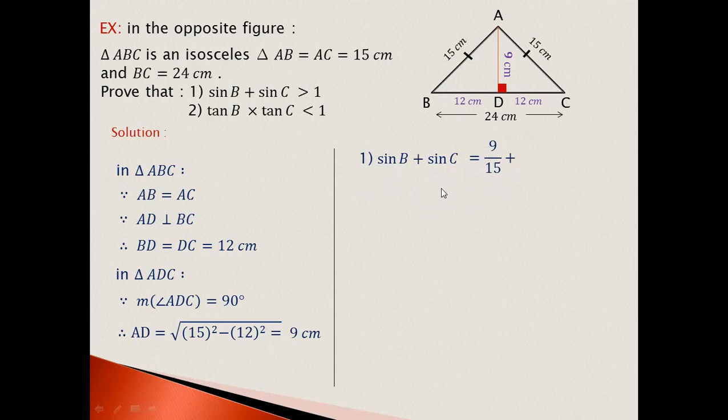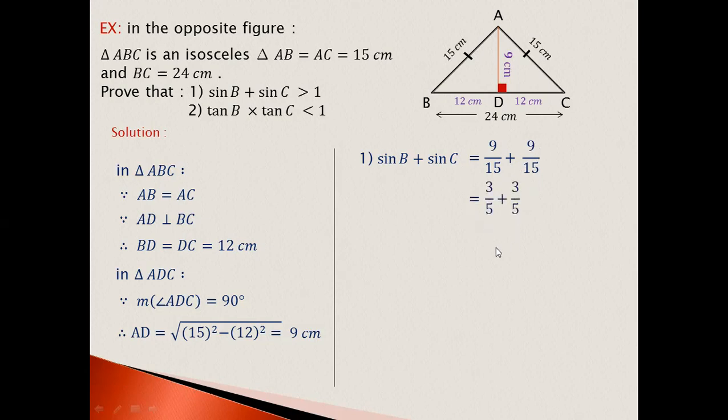And if we need to find sine of the angle C in the right angle triangle ADC, sine of the angle C equals the ratio between the opposite side of the angle C and the hypotenuse. And the opposite side of the angle C is also 9 centimeters, and the hypotenuse is 15 centimeters. So sine of the angle C equals 9 over 15.